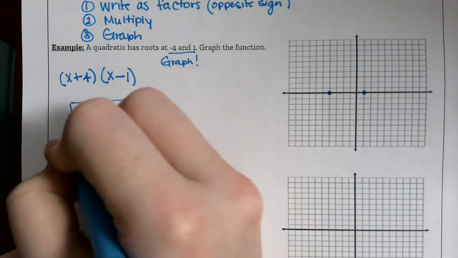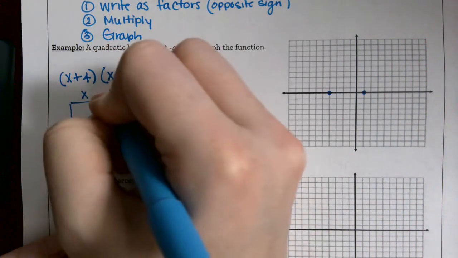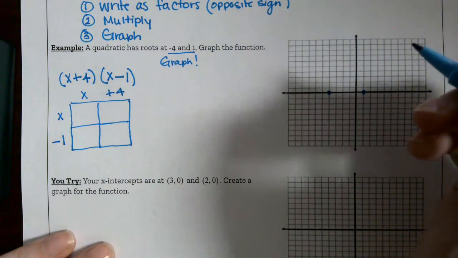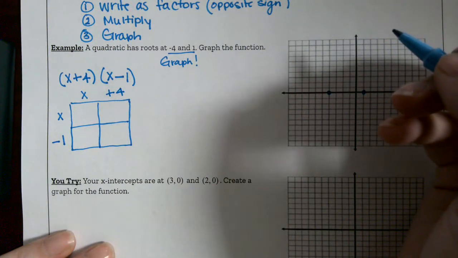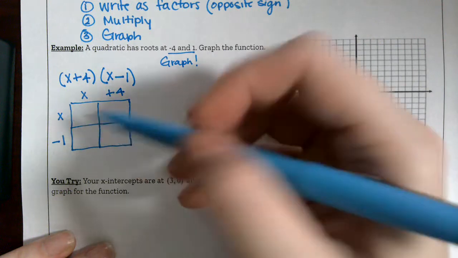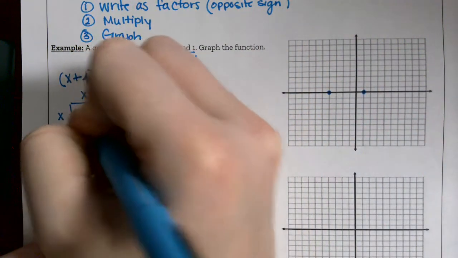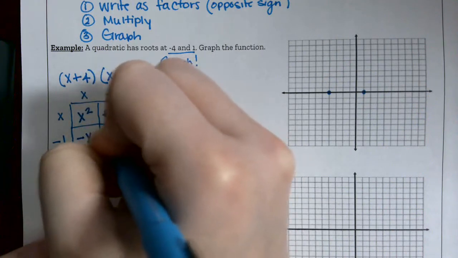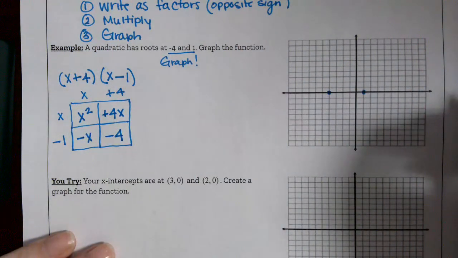So I'm going to draw a box and align my factors on the side. And I'm going to multiply those out. Remember, when you multiply x times x, you get x squared. The rest of your boxes should be filled in like this as you multiply.